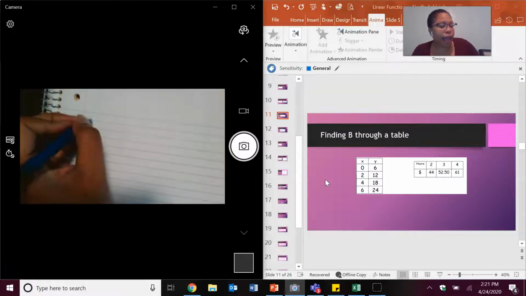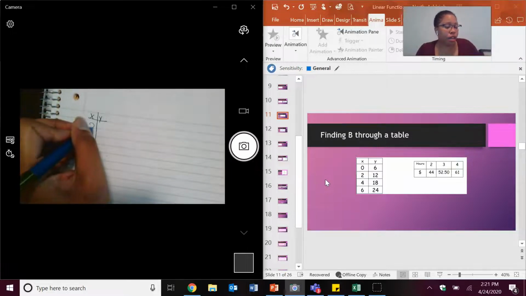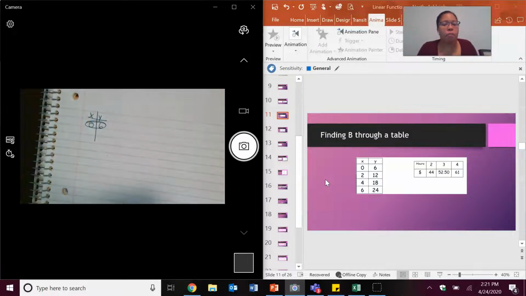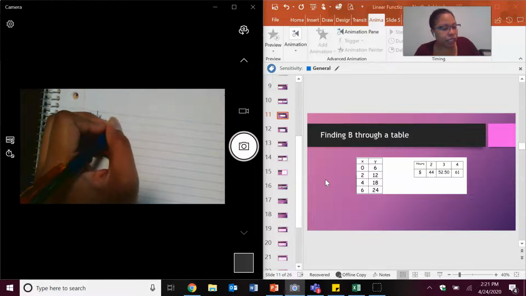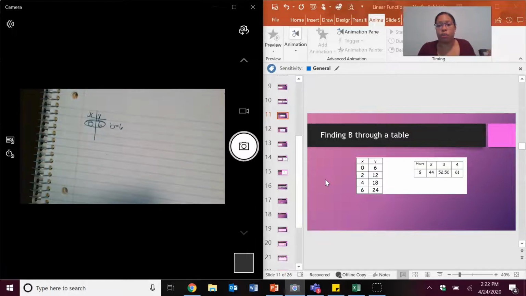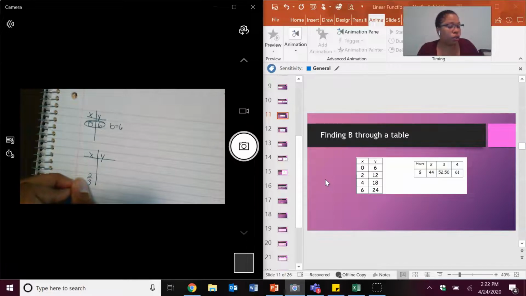Looking at this, if I have a table and it gave me a 0 in the x, this is automatically my B. My B is literally 6. It gave it to me. If they gave you 0, you have nothing to figure out. Now say they do not give you 0, such as this one. This one told me 2, 3, 4 was 44, 52, 50, and 61, right?